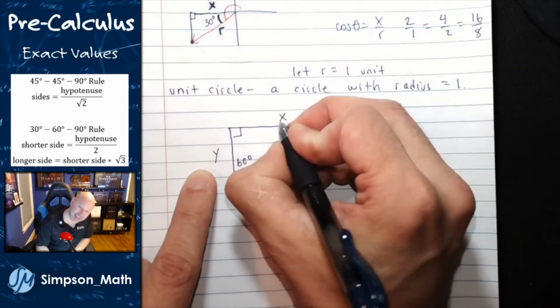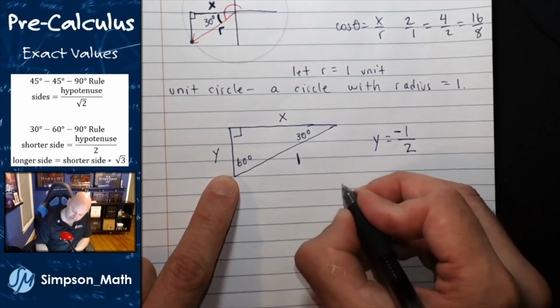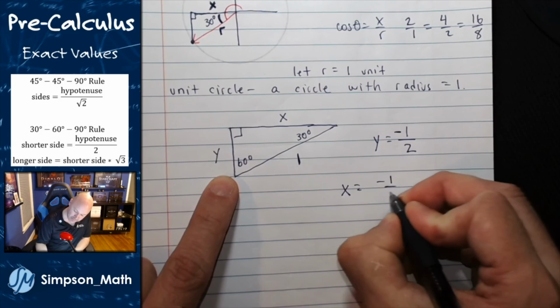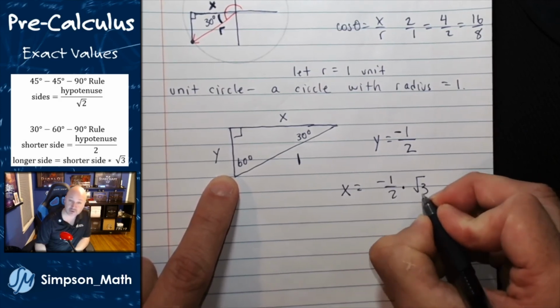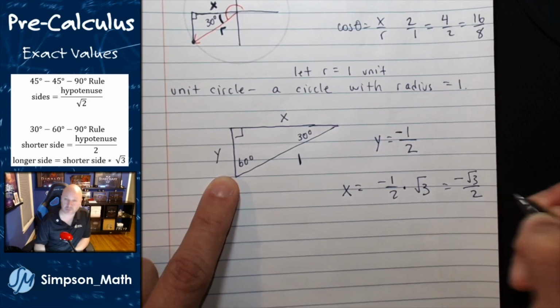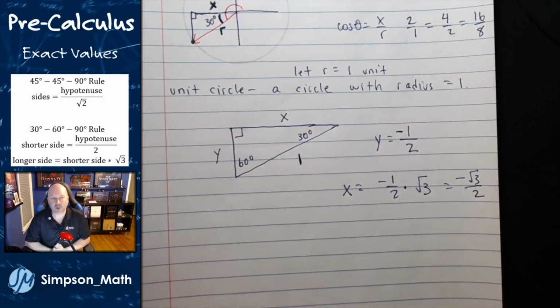Then the x side length, which is the larger side length, is simply that shorter side length being multiplied by the square root of 3. I'm going to call that negative root 3 over 2. So if I want to find cosine of 210 degrees, it draws this situation up for us.